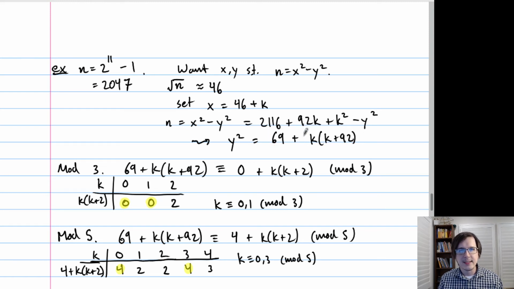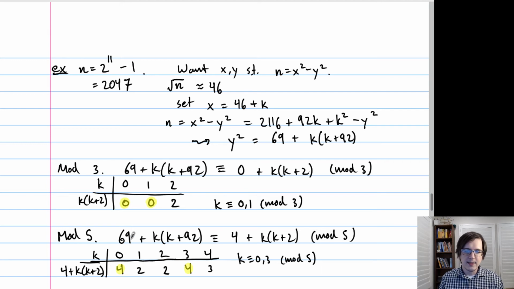And so we can consider this modulo different primes. So modulo 3, we can reduce this expression to just k times (k plus 2). And I have calculated it for 0, 1, and 2. And 2 is not a quadratic residue, so it's excluded, and the only remaining possibilities are 0 and 1 mod 3.